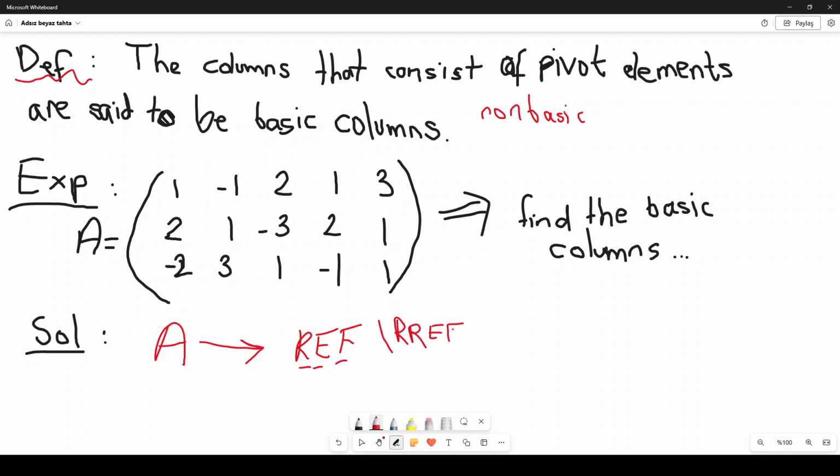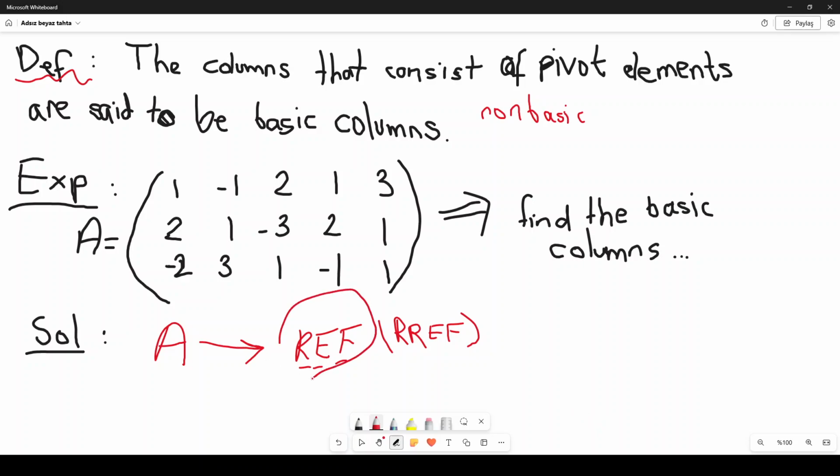Here is the first step we should take to find the basic columns of a given matrix. So we are given the matrix, and then by simply performing elementary row operations as usual, we reduce our matrix into that of either a reduced echelon form or row echelon form.